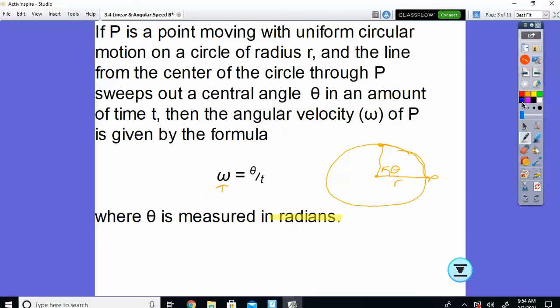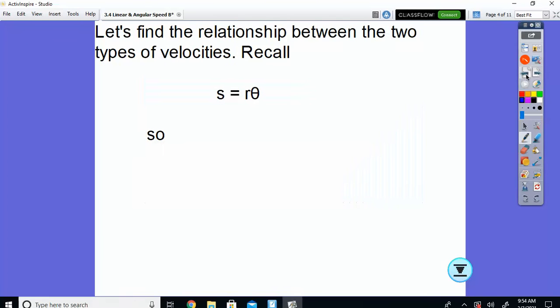So omega is angular velocity, v is linear velocity. And there is a third formula we're going to look at to talk about the relationship between the two. The formula we've used before, S equals R theta, right? So if we start with linear velocity, v equals S over t, then I could change my S to R theta.